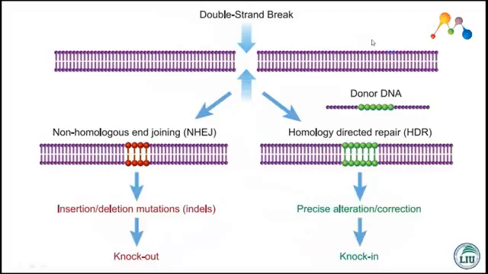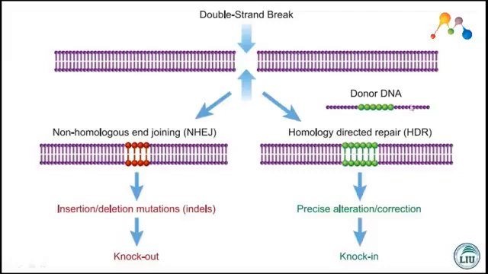So here we repeat: every time we have a double-stranded break, which is the essential tool for genome editing, 2 possibilities follow in the subsequent steps. Either non-homologous end joining proteins fill the gap with non-templated nucleotides, inducing what we call indels, the insertions and deletions, leading to the knockout of these genes.